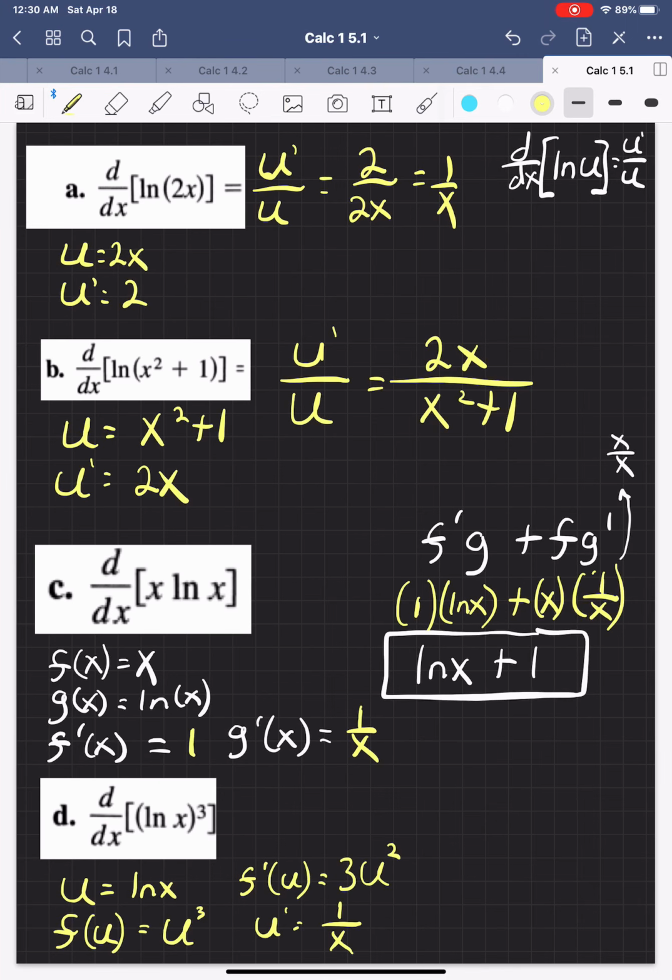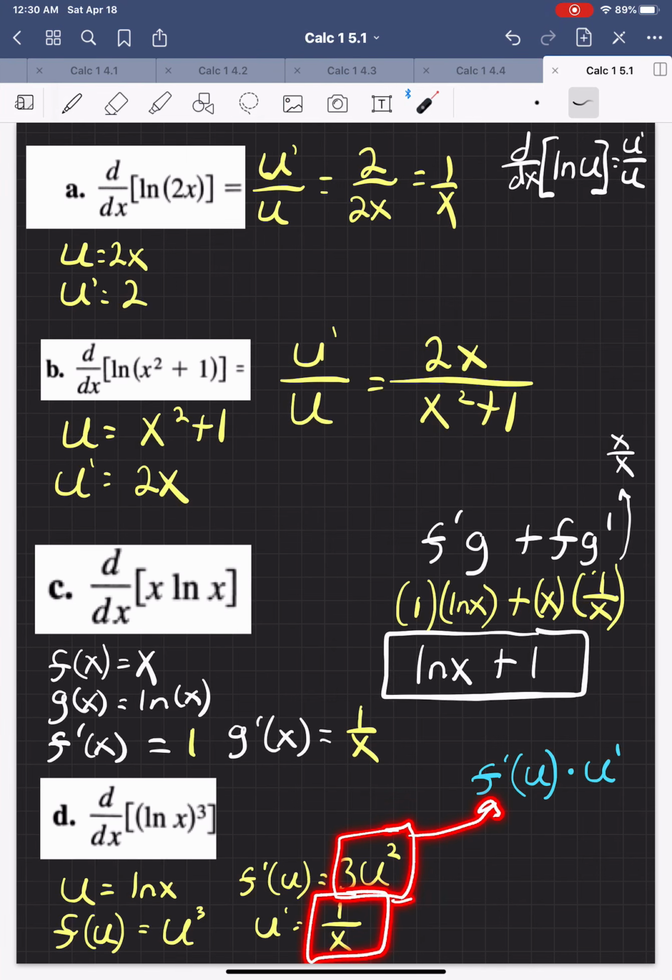Okay, so the chain rule, if you recall, would be f prime of u multiplied by u prime. And now let's just put everything in the right place. So f prime of u would go here, u prime would go here. Now, in the end, we have to plug back for u. You can do that right now if you wanted to.